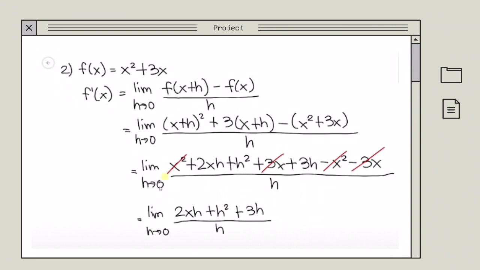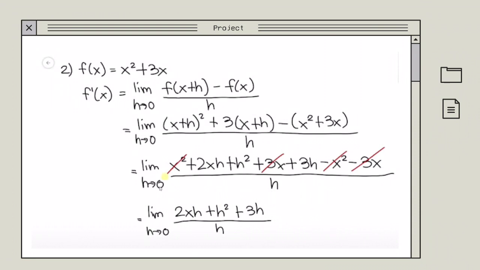Ang next step is isi-simplify na natin siya, ang mangyayari sa kanya is 2xh plus h squared plus 3h, since pwede natin i-cancel si x squared at 3x kasi meron tayong parehas ng value nun. So, bale, ang matitira na lang sa atin is 2xh plus h squared plus 3h all over h as h approaches 0. We can evaluate it as well pa.